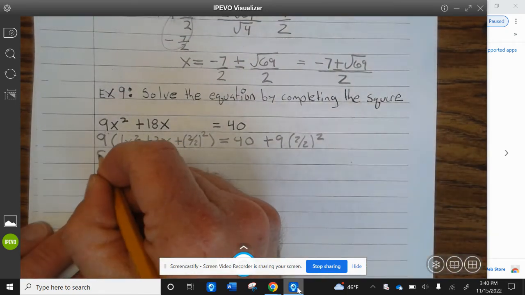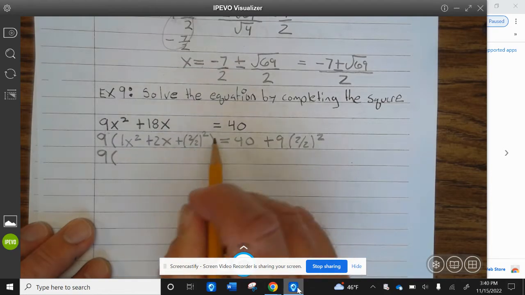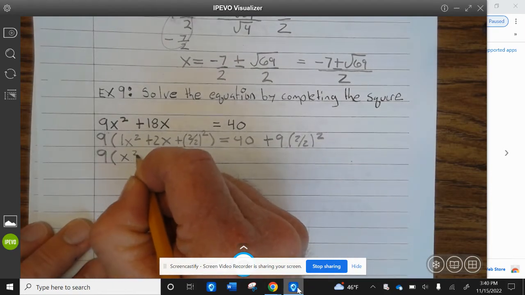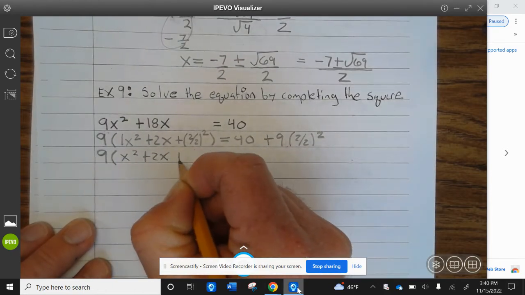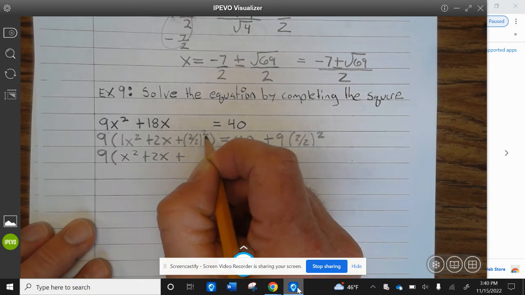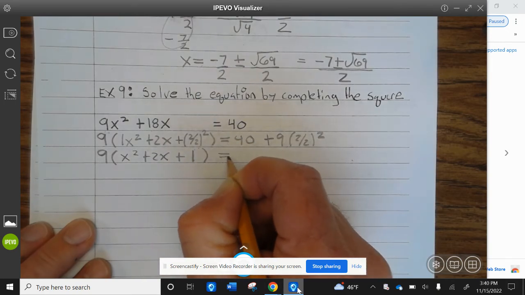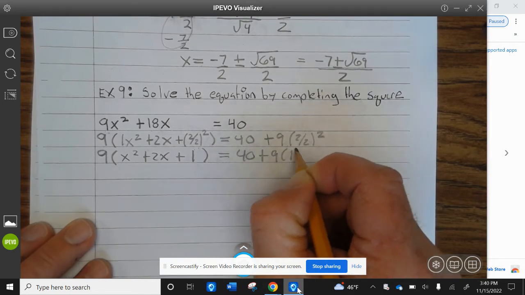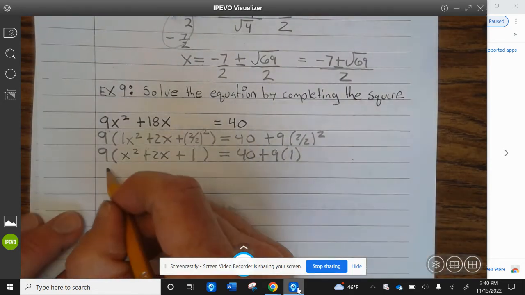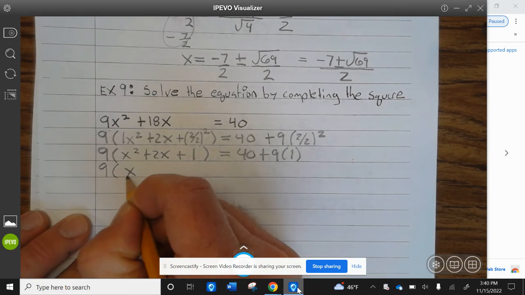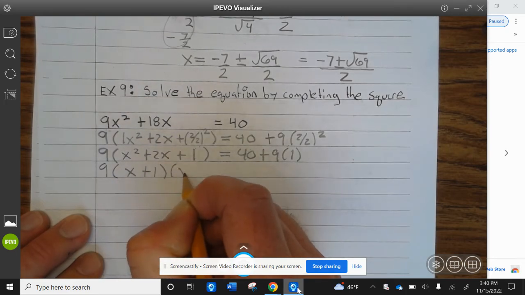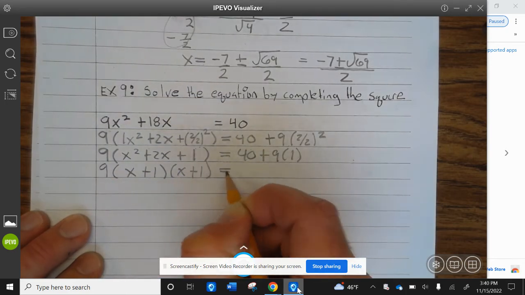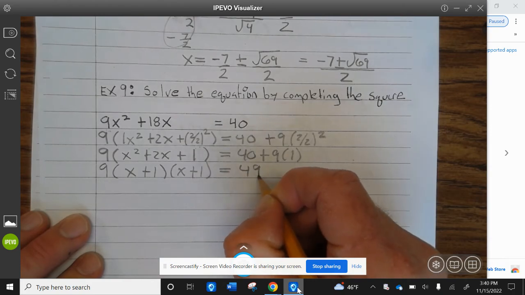Okay, so then that becomes 9 times x squared plus 2x plus 2 divided by 2 is 1, 1 squared is 1, equals 40 plus 9 times 1. So this can be written as 9 times x plus 1 times x plus 1 equals 49.